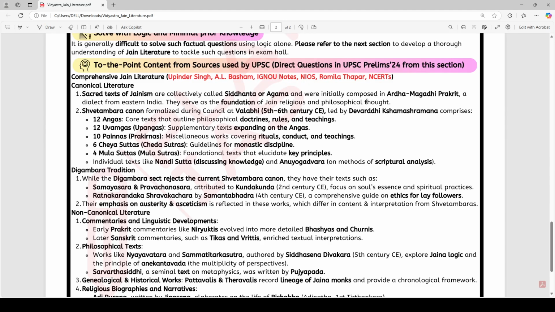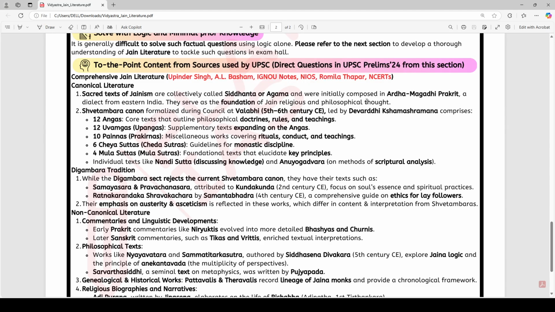Those can be related to ethics, monastic discipline, or providing guidelines to the lay followers, whom we call Shravakas. Then there can be texts based on metaphysics, logic, and there can be appendices also. So I am going to break down Jain literature for you in such a simple form that you are not going to forget it in your life. So don't worry about this.